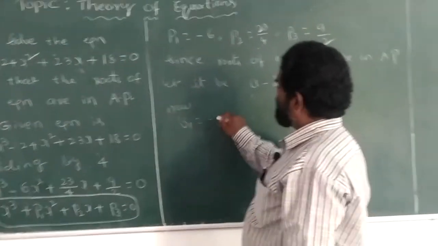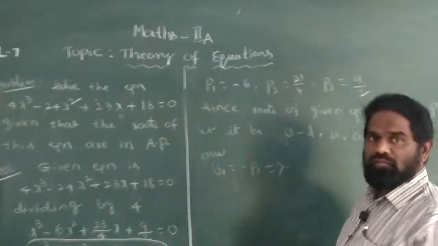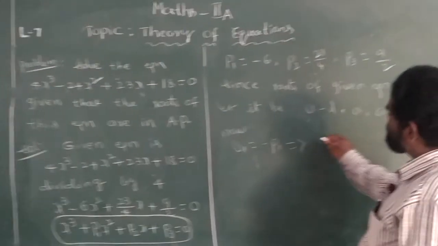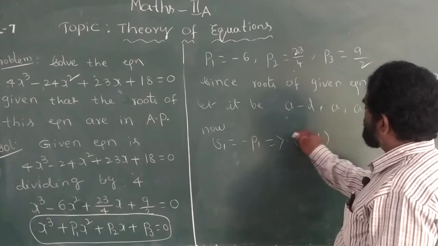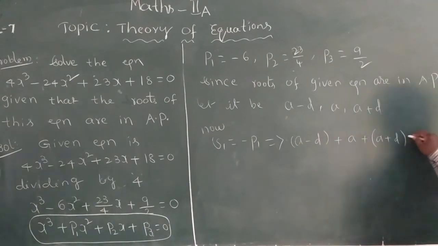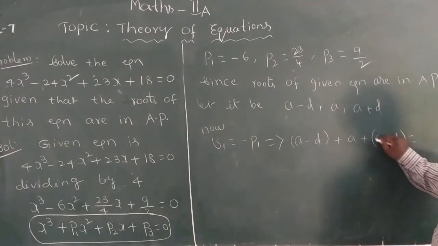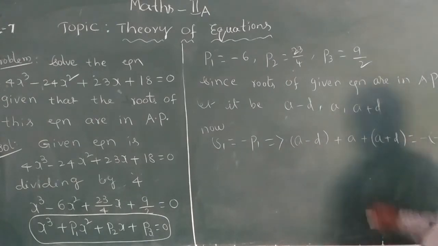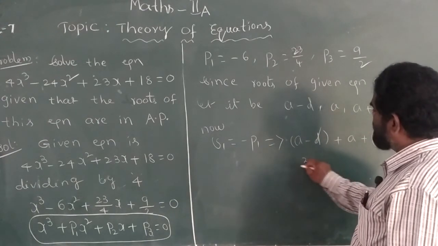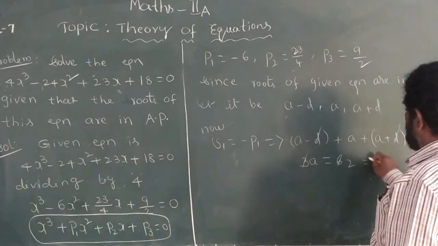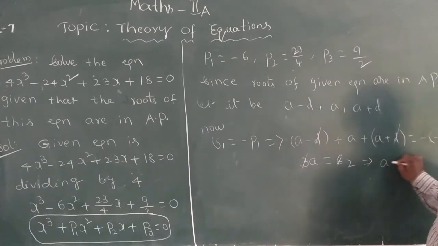S1 equal to minus p1. What is S1? Sum of the roots. a minus d plus a plus a plus d equal to minus p1, minus of minus 6. d and d get cancelled. 3a equal to plus 6, so a equal to how much? 2.